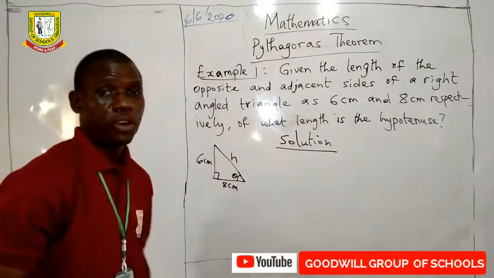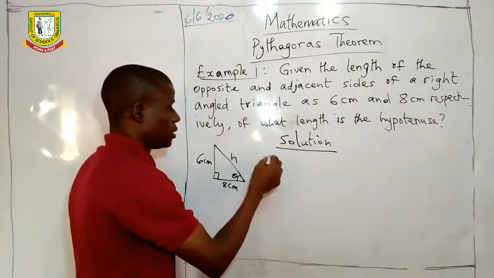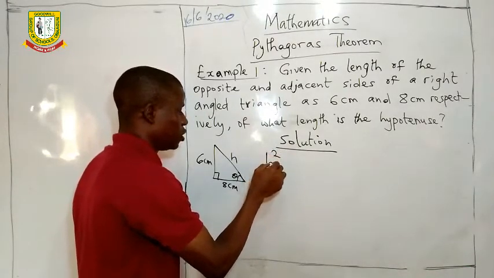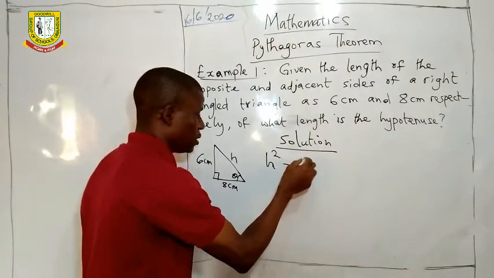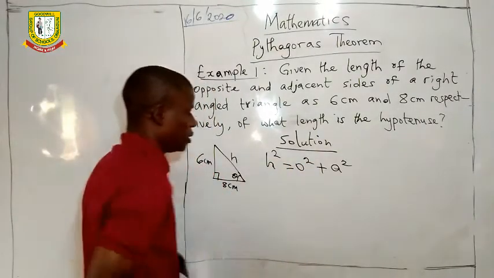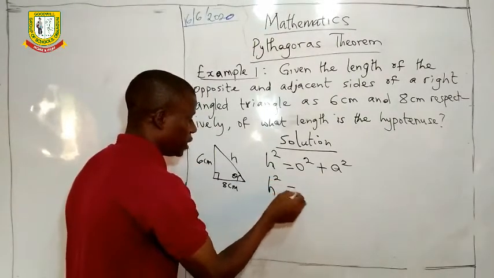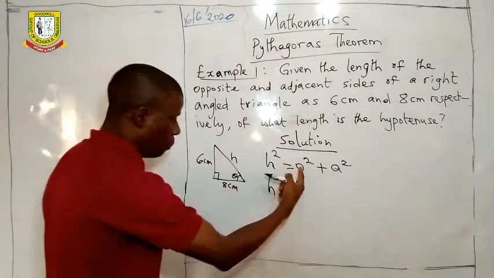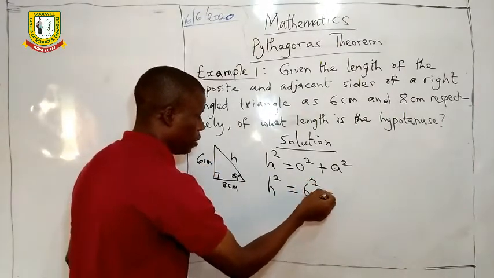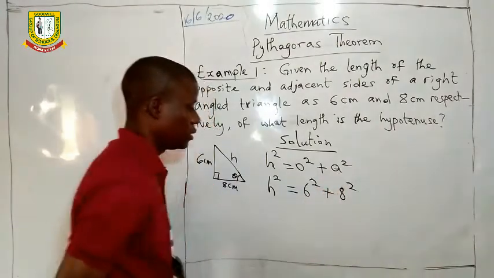So now from Pythagoras theorem, the square of the hypotenuse, that's h squared, is equal to opposite square plus adjacent square. So we have the square of the hypotenuse is equal to 6 squared in this case, plus 8 squared in this case.